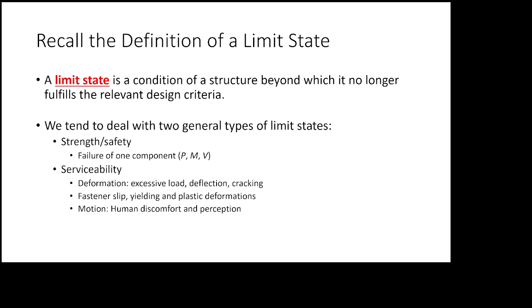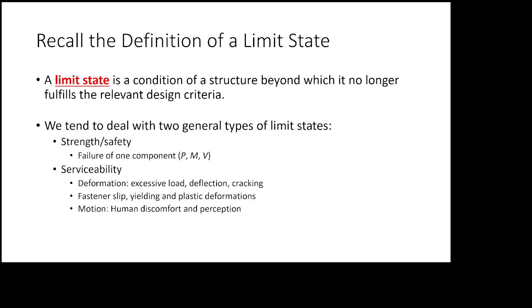There are a series of conditions that we can define. So for instance, let's say we're talking about beams. We can define a strength limit state, and the strength limit state says that the beam must have enough moment capacity. It cannot fail under the maximum moment on the moment diagram, or it must have enough shear capacity. We don't want the beam to fail under the maximum shear on the shear diagram.